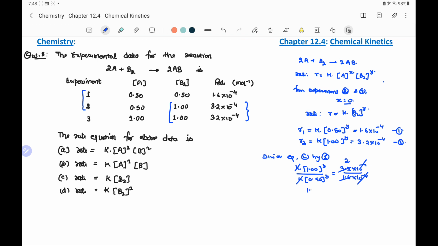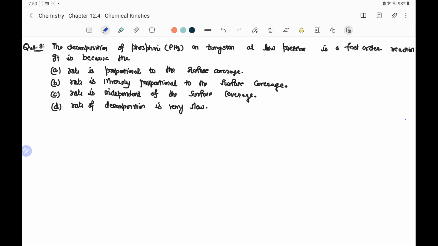Hence we will have 1.00 by 0.50 raised to the power y equal to 2, or 2 raised to the power y equal to 2. So we get y equal to 1. Hence the rate equation will be R equal to K into B2 raised to the power 1. Hence option C is the correct option.